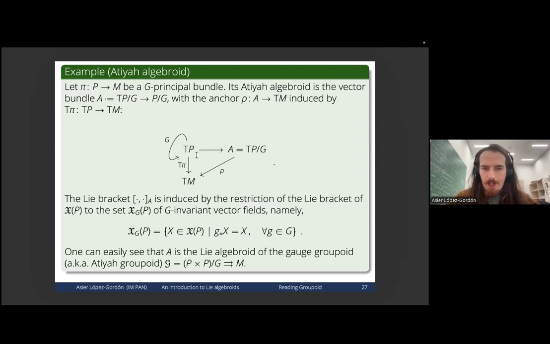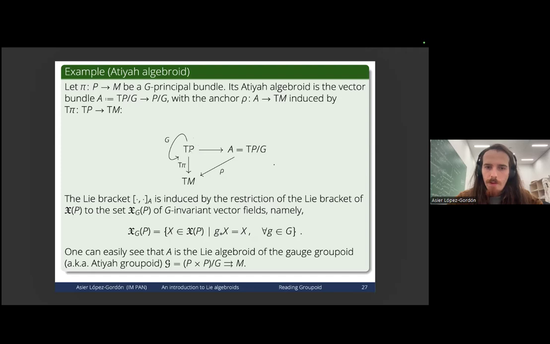So, we have our principal bundle P over M and our Lie group G acts on P. And by tangent lift, it also acts on the tangent of P. And we have the projection to TM induced by the projection of P on M. Now we define A as this quotient space.